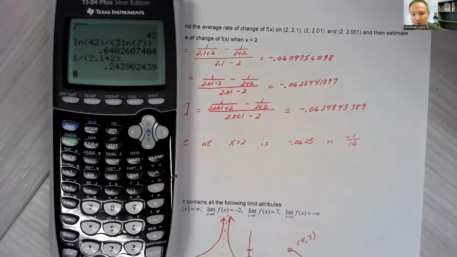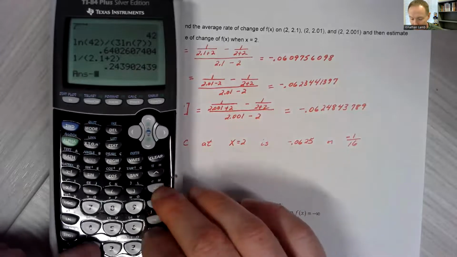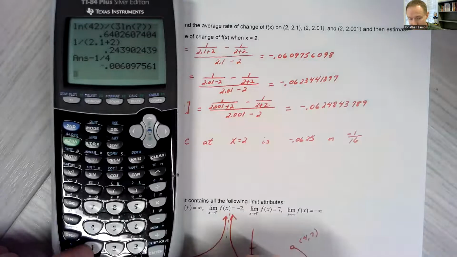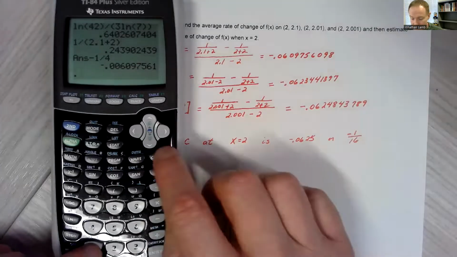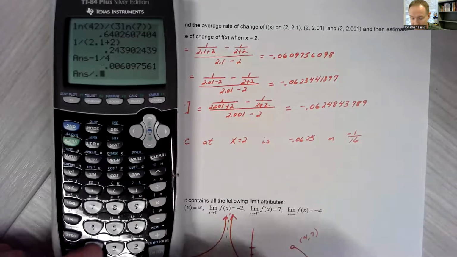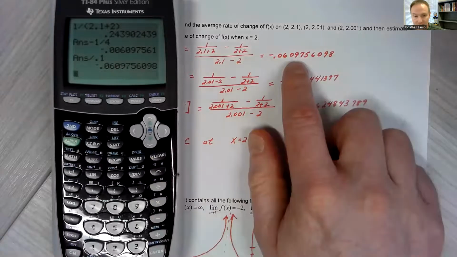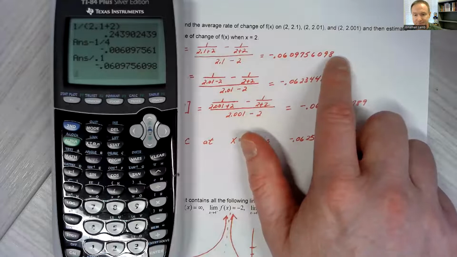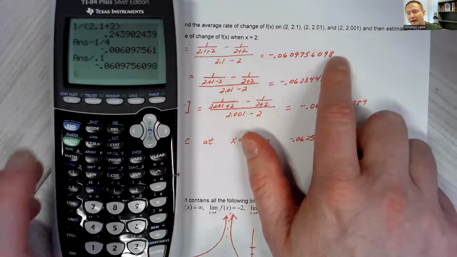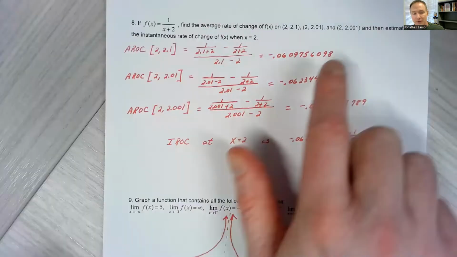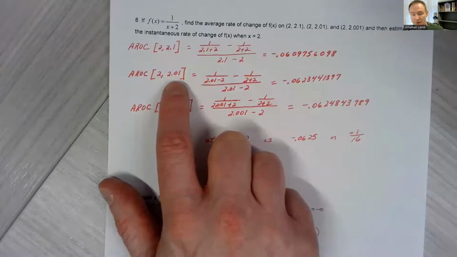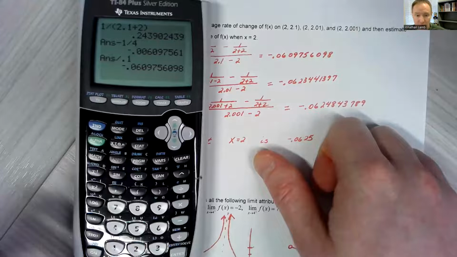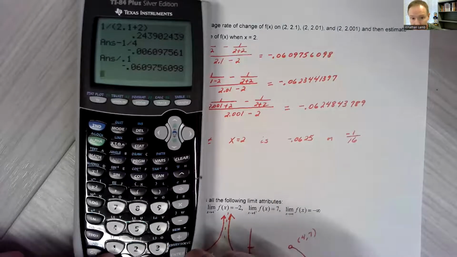I get 0.243 minus 1/4. But then we're dividing that by 1/10 of a unit. So if I divide that by 1/10 of a unit, you can see I'm getting negative 0.060975. Okay, now when I try to evaluate that over 1/100th of a unit, that first term is really the only term that's changing here.